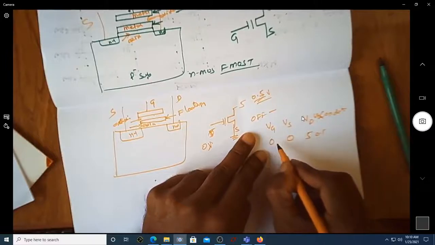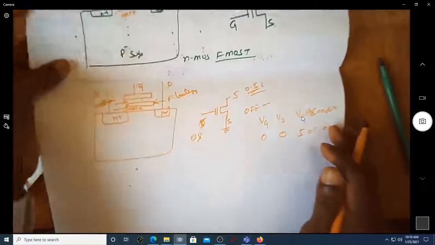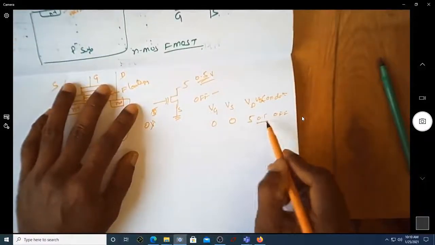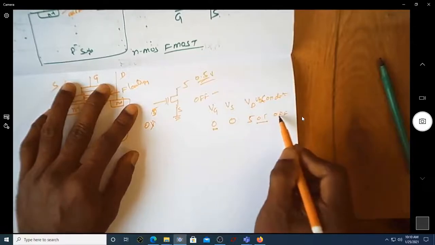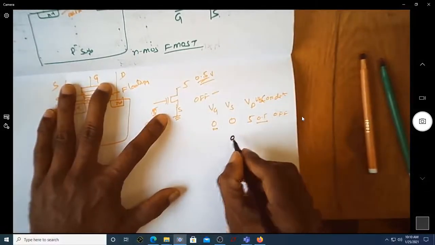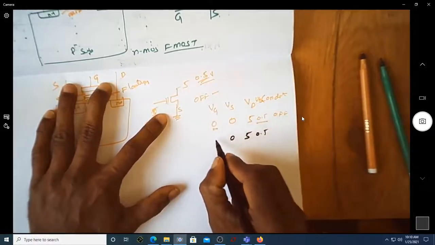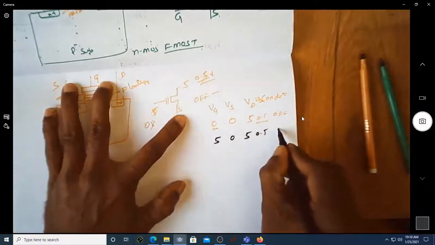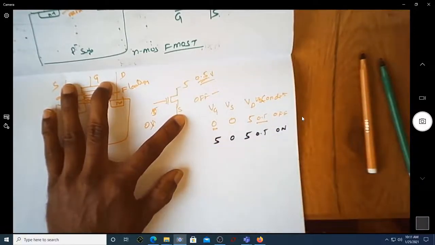If I give VG equal to 0, it is in the off condition because the threshold voltage is 0.5. Since VG is less than 0.5, the MOSFET is off. Now consider VS at 0 volt, VD at 5 volt, and VTH still 0.5. If you apply 5 volt at the gate, then it is on because the gate voltage is more than the threshold voltage.